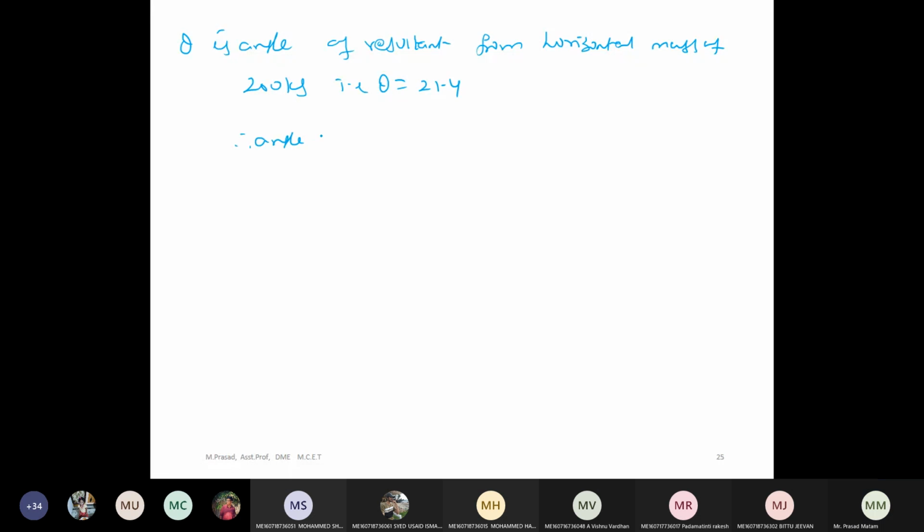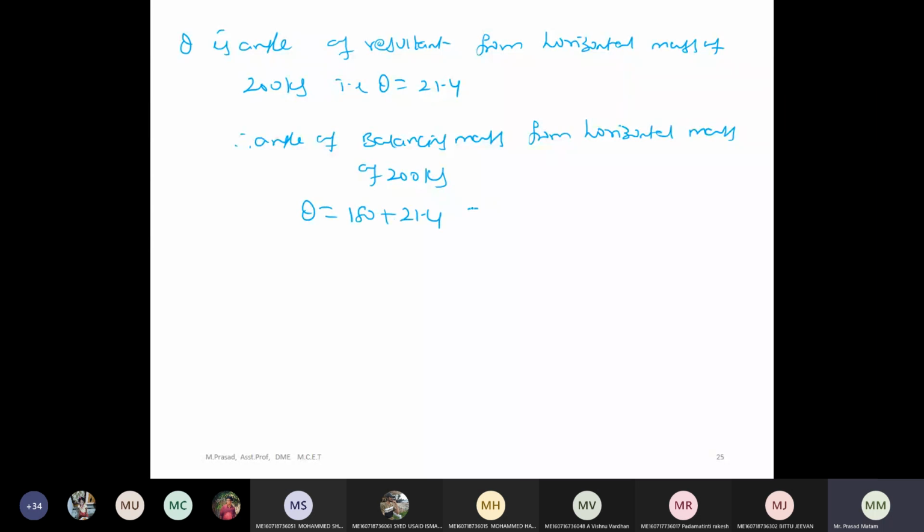Therefore, the angle of the balancing mass from the horizontal mass of 200 kg is theta equals 180 plus 21.4, which comes around 201.4 degrees. Now read the solution here. Mass we are getting 116 kg at radius 0.2 meter at an angle of 201.4 degrees. Okay, this is your solution.